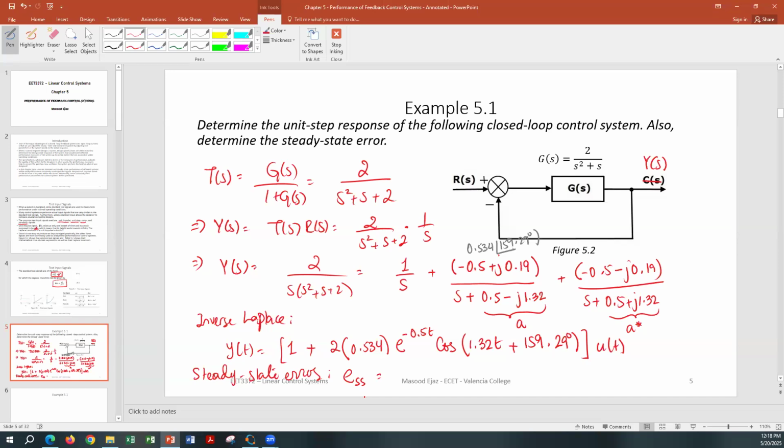Not the steady state output. So what will be the error steady state? 0, exactly. Because remember, input is what? Unit step. And the output steady state value is also 1. So when you take the difference between the input and output steady state values, that's 0. You can of course do the derivation, but you don't have to. You know that the output steady state is 1, input is also 1 steady state value. So the error between the two is going to be 0.